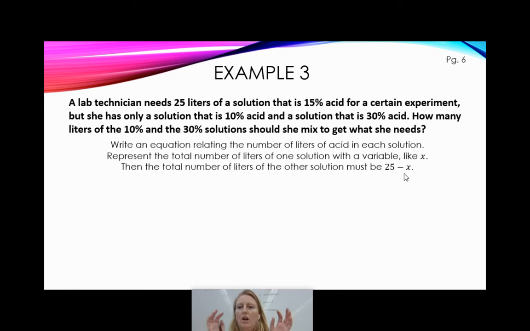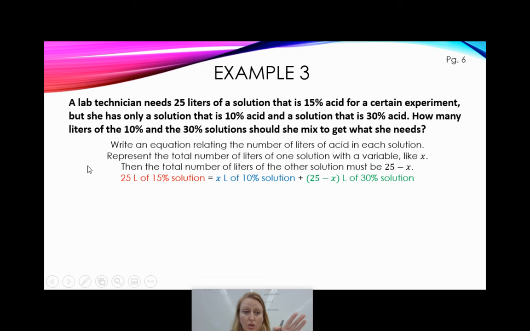All right. Are you ready to write an equation? Now we're going to use words at first, and then we'll deal with variables, but we'll start by using words and a couple variables. I want 25 liters of a 15% solution.